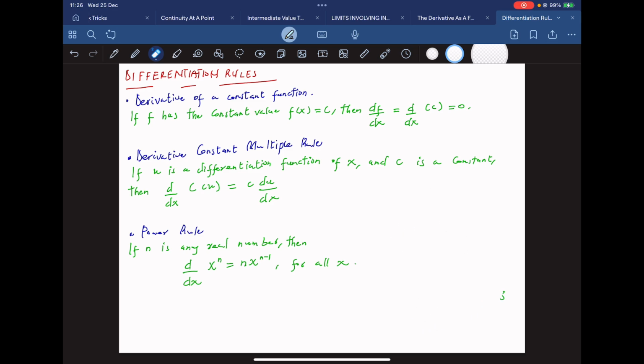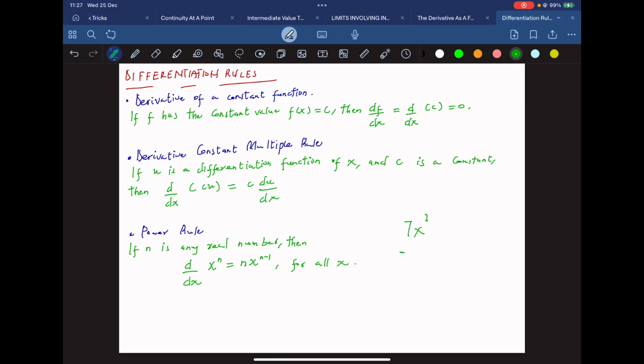Now the power rule says that if n is any real number, then the derivative of x to the power n is equal to this expression. Now this means that if we have 7x cubed and we are differentiating, the 3 will always come down, right?